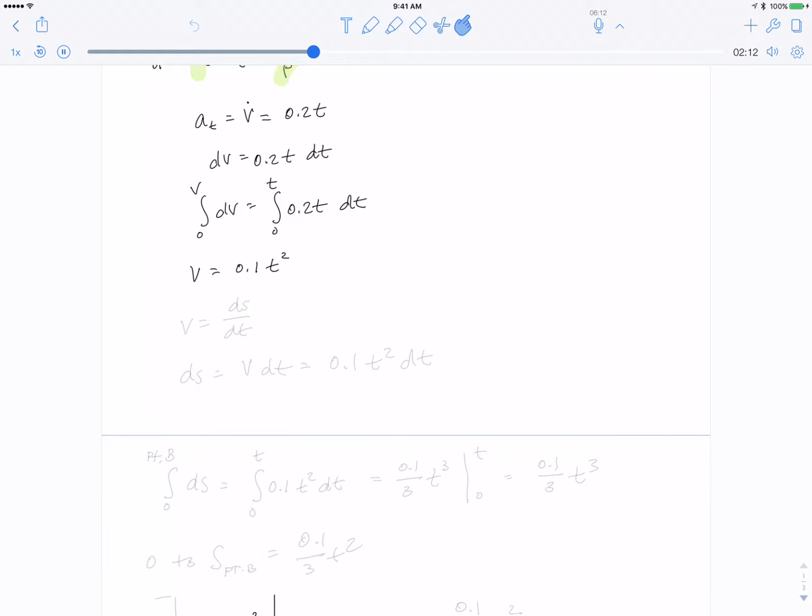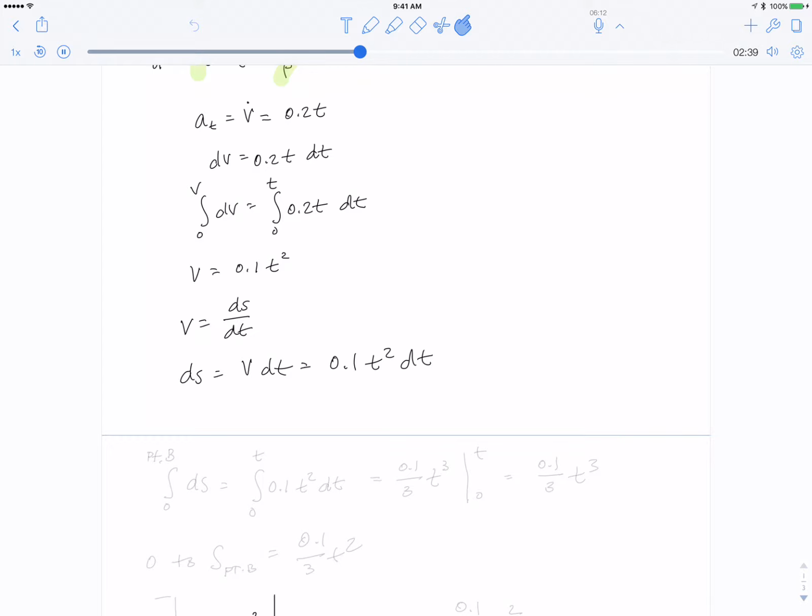Unfortunately, we don't know the time it takes to get to point B. But we do know that it has to travel 3 meters on the straightaway and then a quarter of the circle. So we know the distance. So we're going to use v equals ds dt, or ds equals v dt, which is 0.1t squared dt.